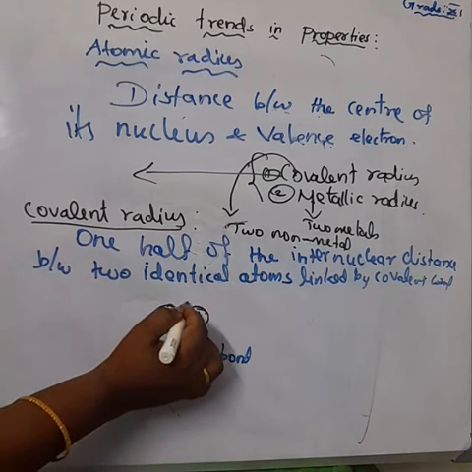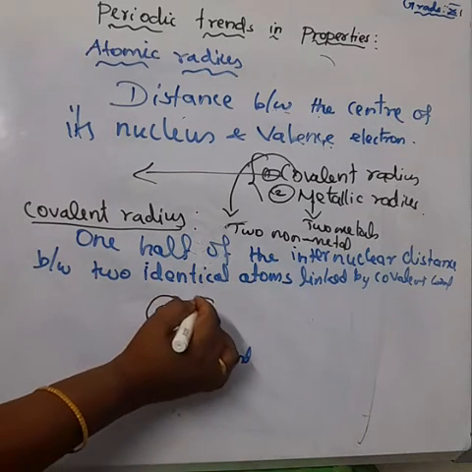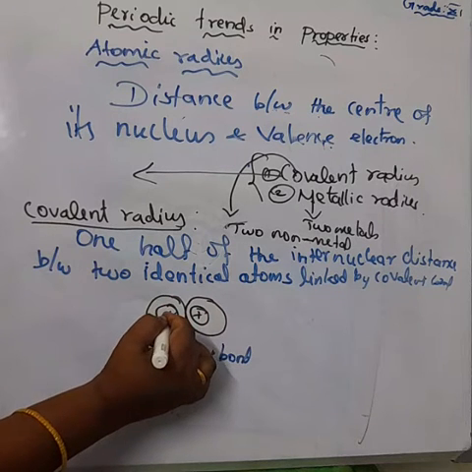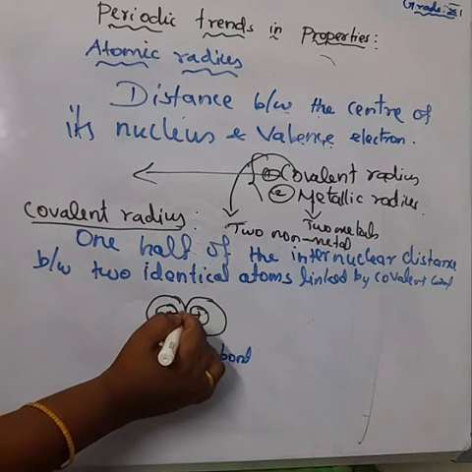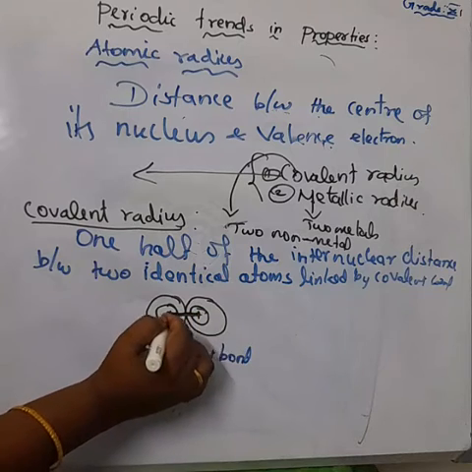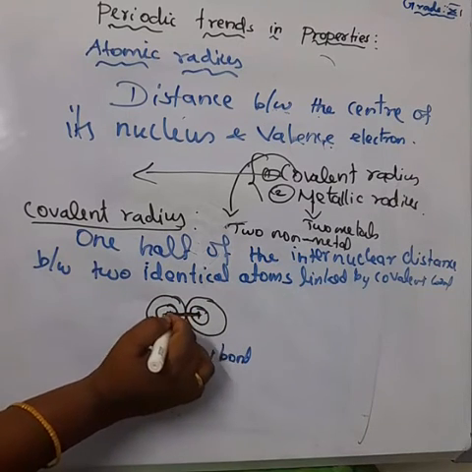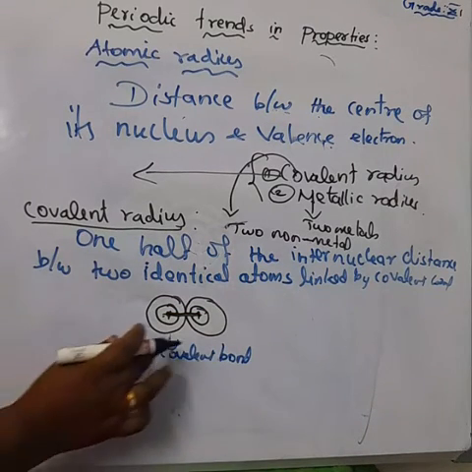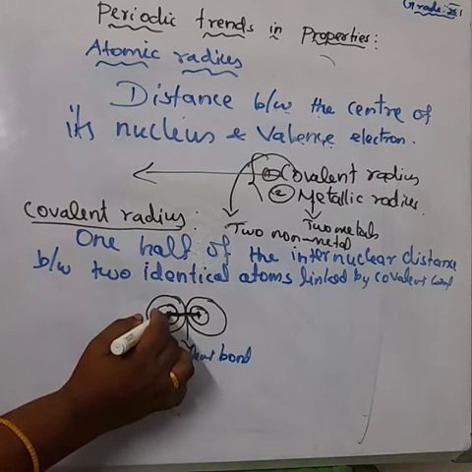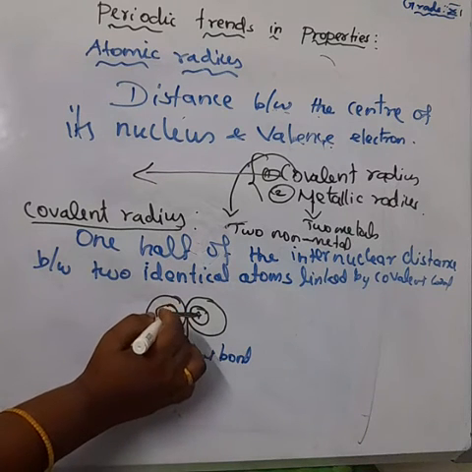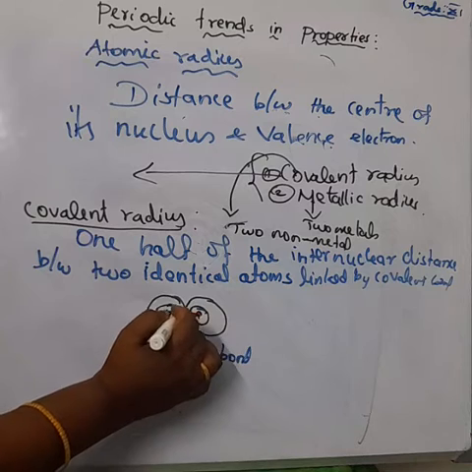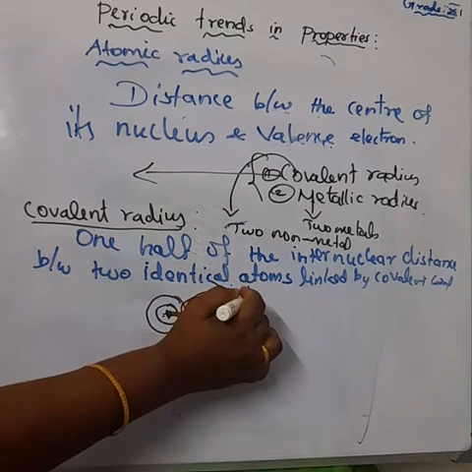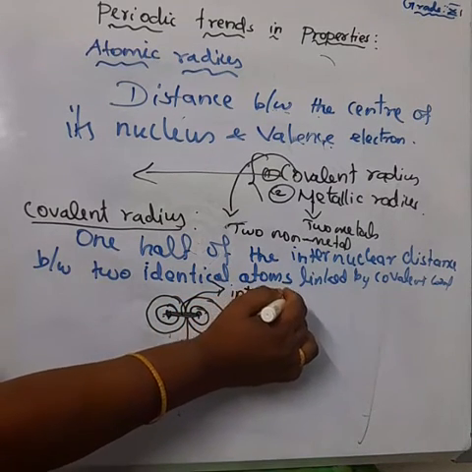What do you mean by internuclear distance? Internuclear distance means the distance between the centers of the nuclei of two atoms. That is called internuclear distance.